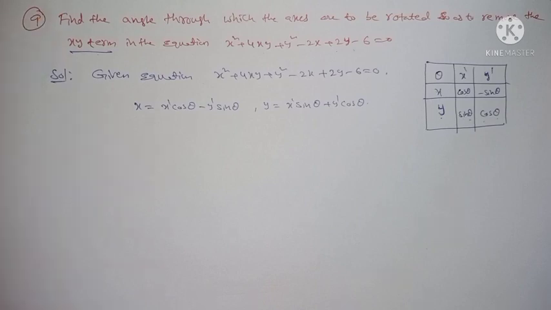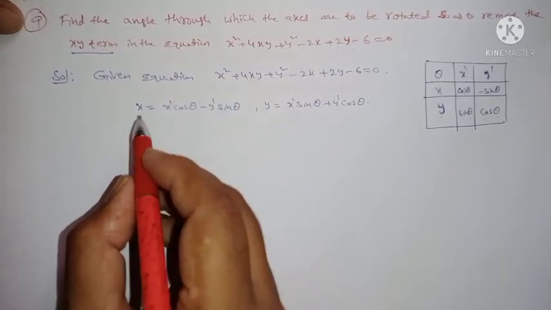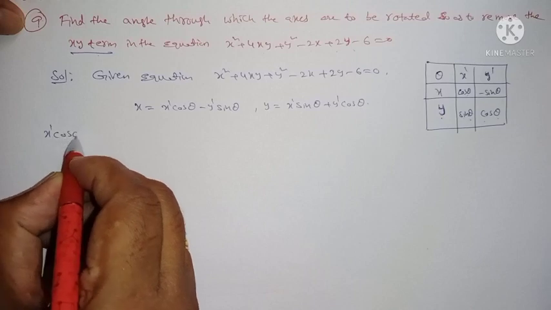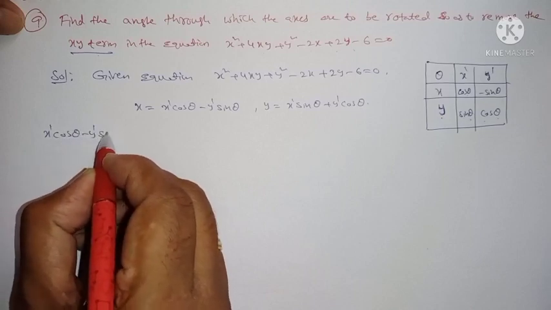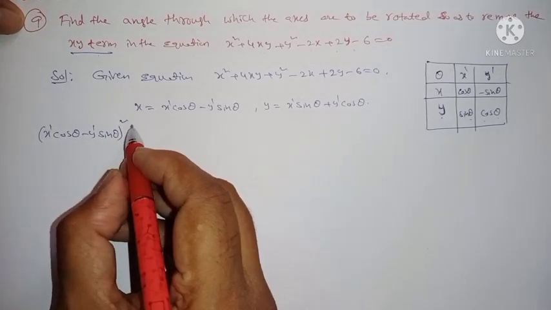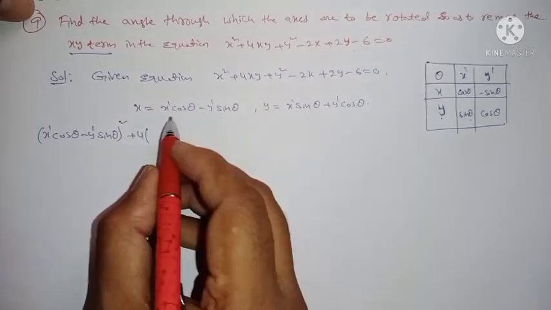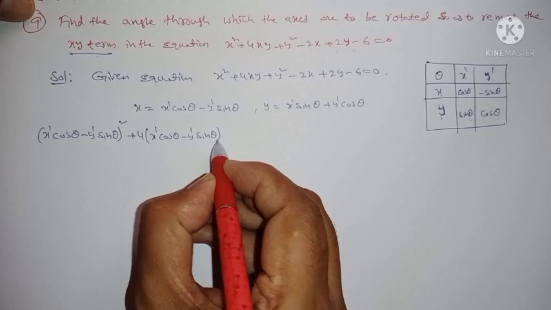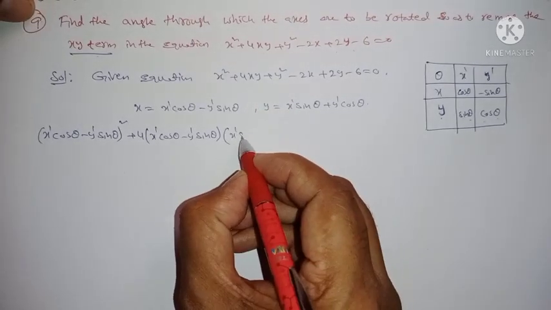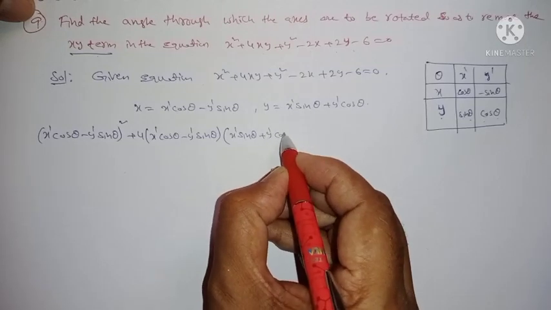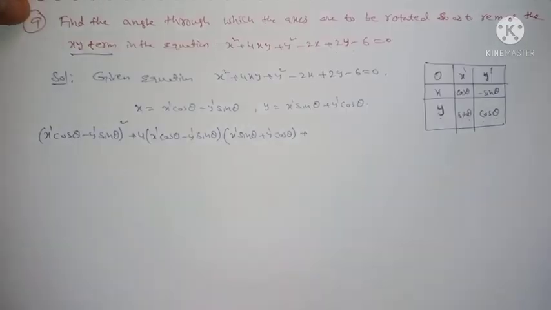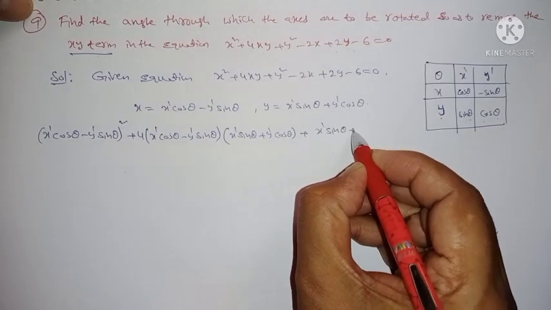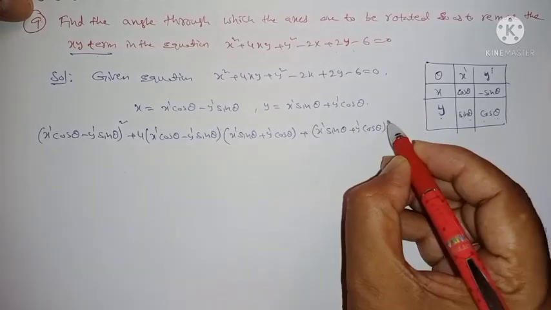How can we remove this? Observe here. I can write x as x dash cos theta minus y dash sin theta whole square, plus 4 times x, which is x dash cos theta minus y dash sin theta, into y, which is x dash sin theta plus y dash cos theta, plus y square, which is x dash sin theta plus y dash cos theta whole square.